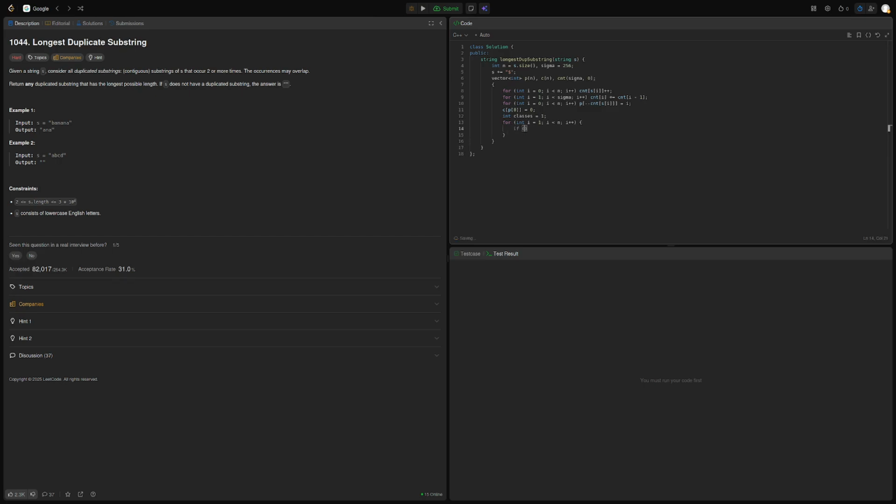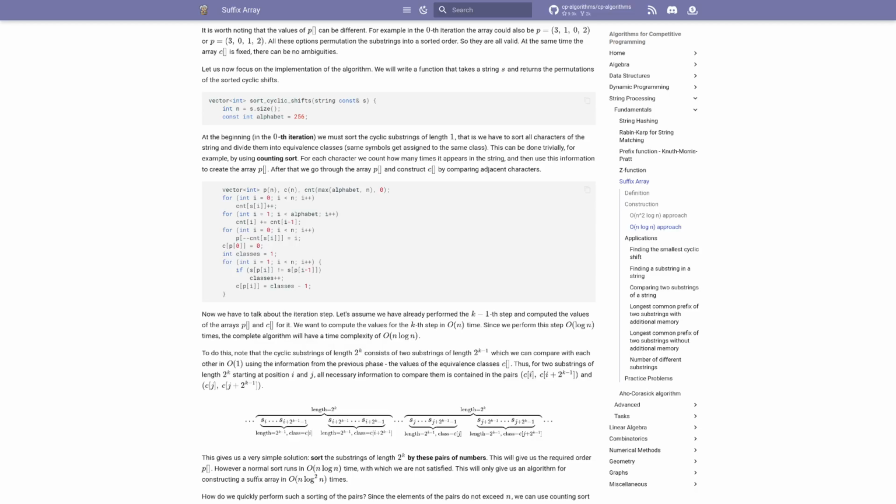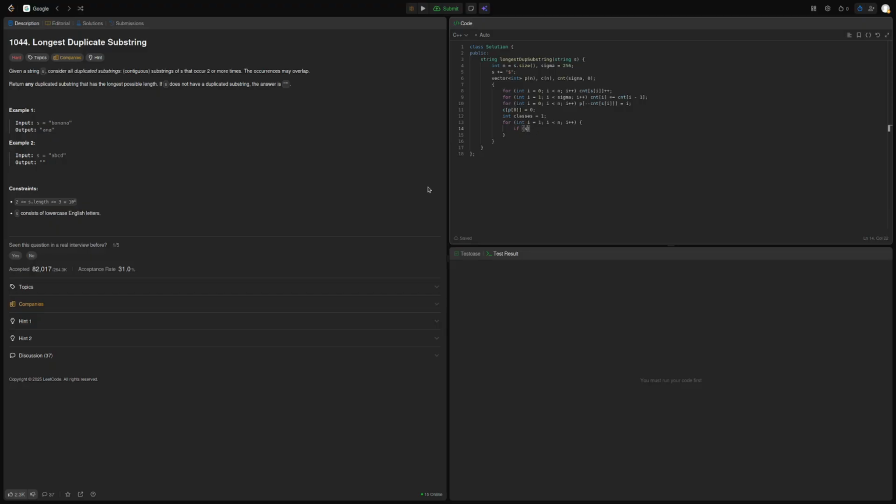If s[p[i]] doesn't equal s[p[i minus 1]], then we will have one more class, and then class of p[i] is classes minus 1. So now we did counting sort here. For k from 1 while 2 to the k is less than n, k plus plus.